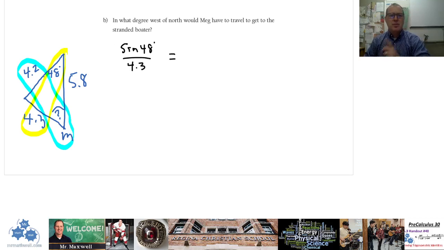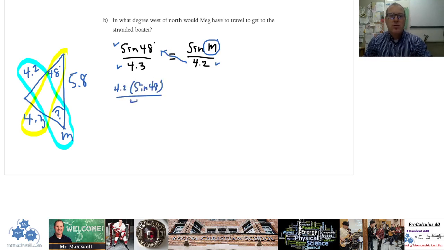That ratio has to equal, in every triangle, the ratio of the sine of any other angle, in this case m, divided by the length of its opposite side. That's the sine law, using those two pairs. And so now, this is great. That's just a number, that's just a number, and I can solve for my one unknown in this equation, no problem. Cross multiply, divide. So let's put that 4.2 up there. So I'm going to have 4.2 times sine 48 degrees over 4.3 equals sine of m.